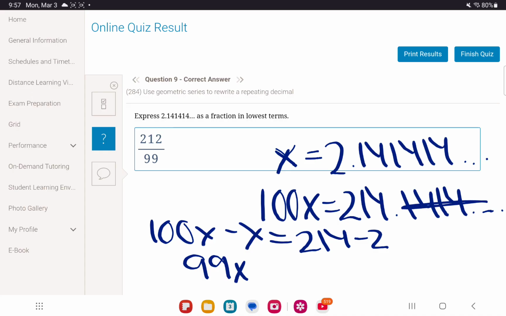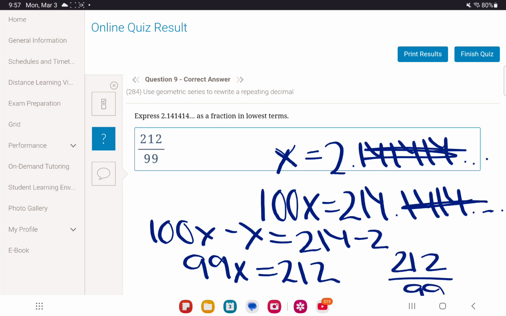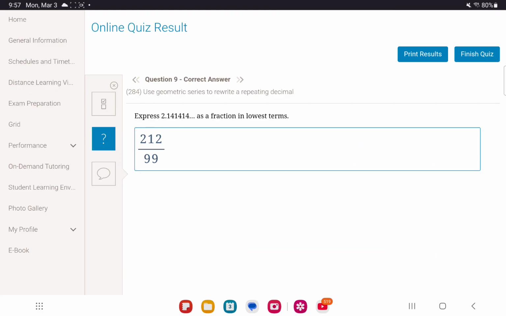You forget about the decimals when you're subtracting. Then 212 over 99, because you're not sure if they're divisible or not. You get the same value, so it's not divisible by anything, and it's in its simplest form.